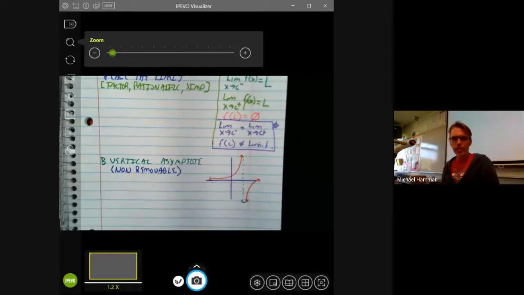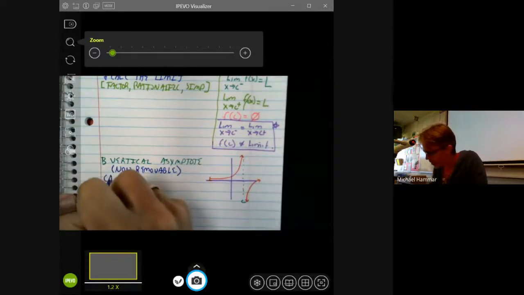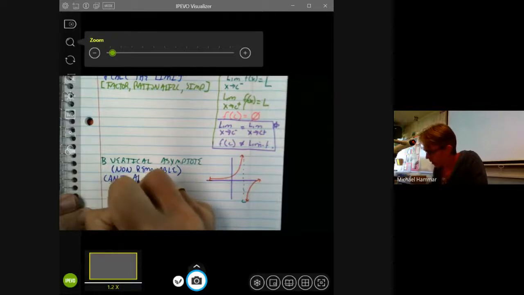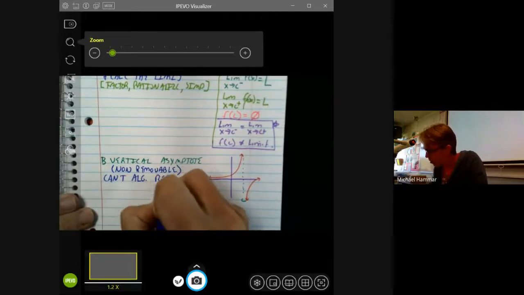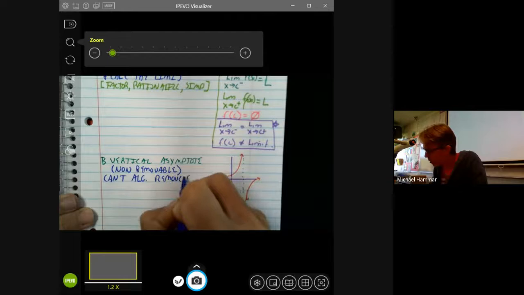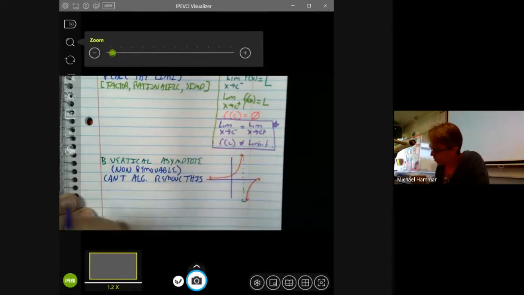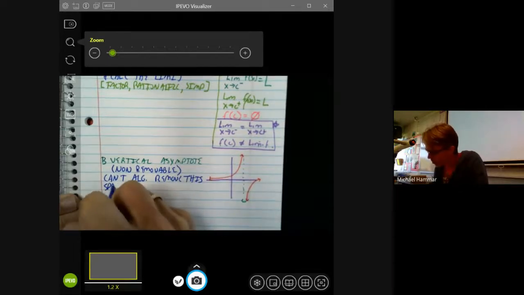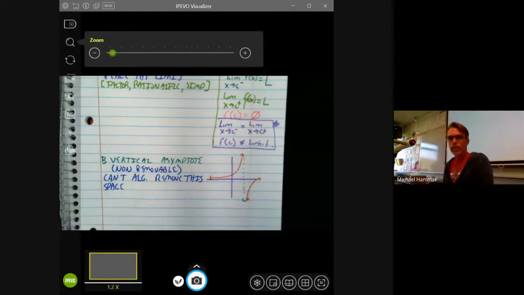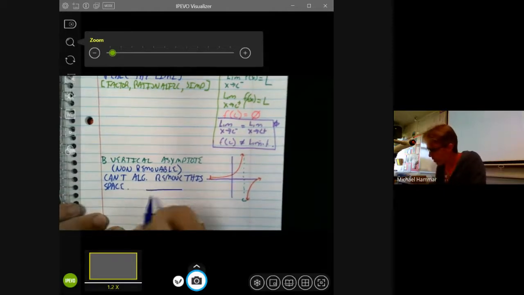Okay? What that means is you can't algebraically remove this space. Okay? If you remember when we took a look at the rational function, when you factor it, it's one of those things that does not cancel out.